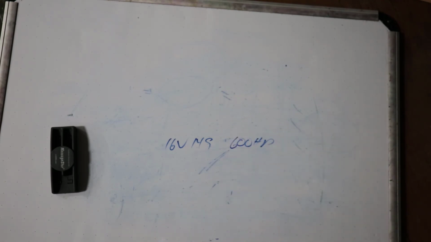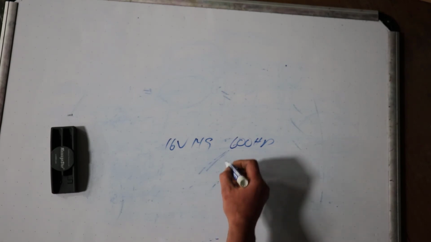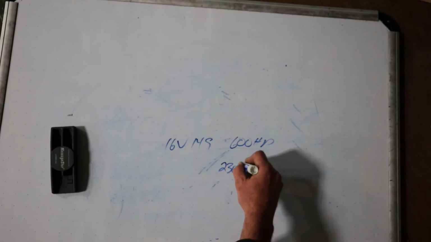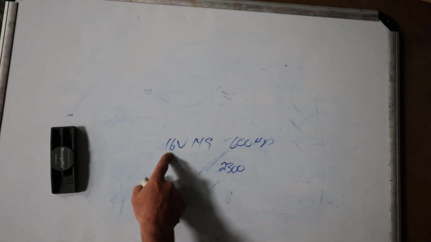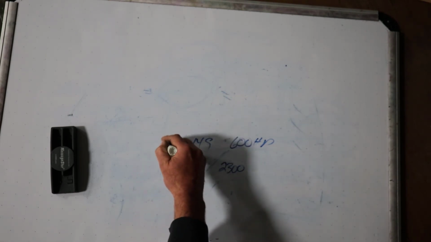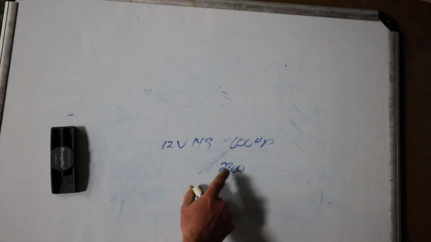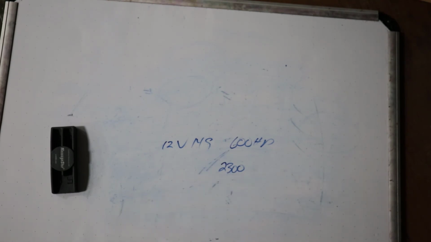Well, 600 horsepower, that's pretty low horsepower numbers for an engine that big, but the thing we need to know about that is it put out 2,300 foot-pounds of torque. Not bad. And that wasn't even the 16, I'm sorry, that was a 12V. The 12V149 put out that. Pretty amazing.